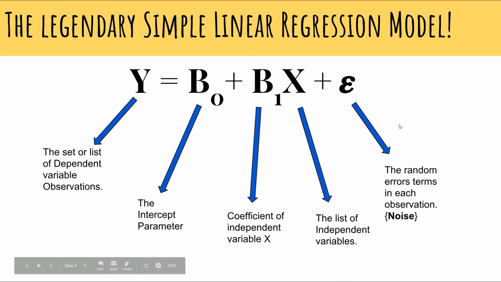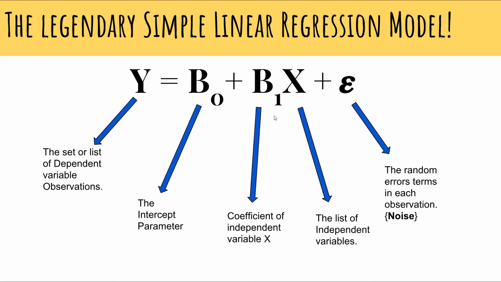It is basically a mathematical equation: y equals beta naught plus beta 1 x plus epsilon. Epsilon here is the random error term, the errors in each observation which arise due to noise, miscalculations or various other factors. Epsilon is a little advanced topic for simple linear regression, so we'll avoid it right now.